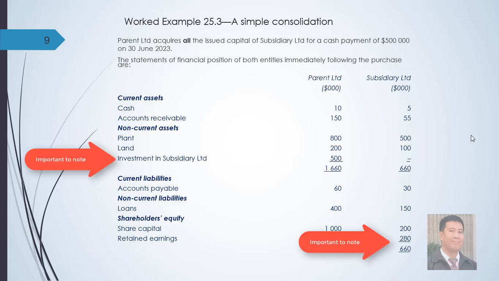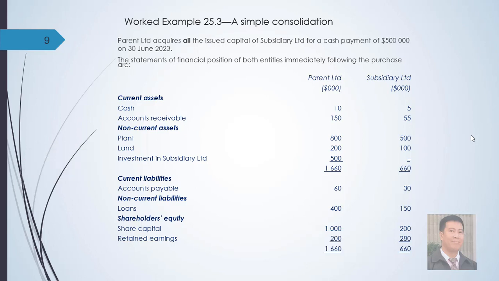So what we are planning to do here, as stated under the entity concept approach of consolidation, is to add assets and liabilities. Straightforward. The only thing is for us to eliminate the shareholders' equity of the subsidiary at the pre-acquisition date and the investment in subsidiary, which is under the parent's accounting books.